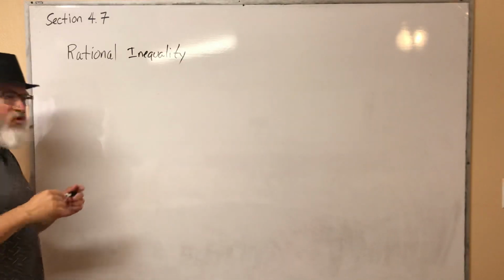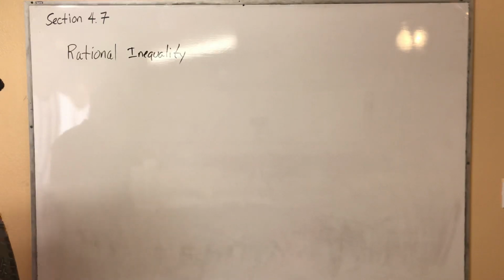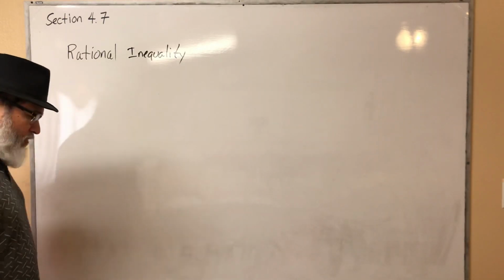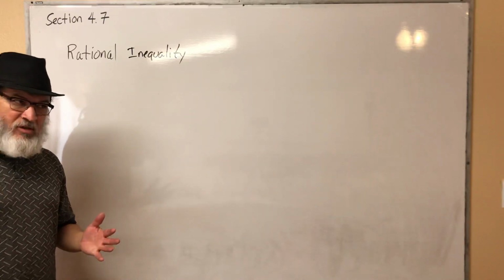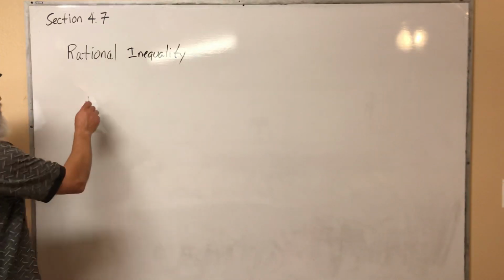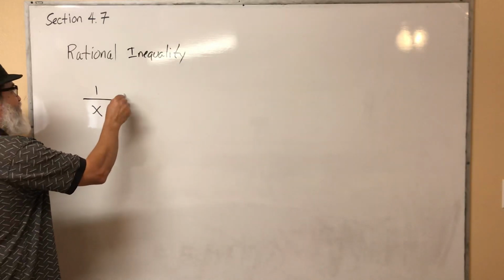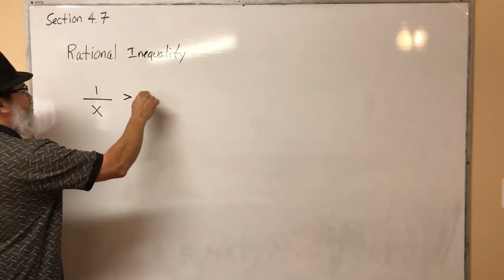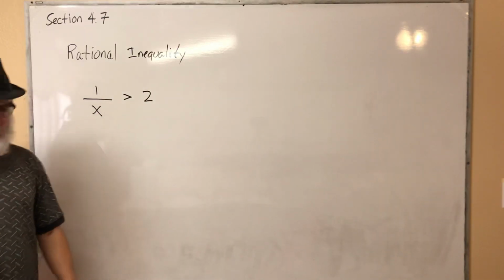We're still in section 4.7. All right, so what's a rational inequality? Well, we have to make a rational expression with an inequality. So what is that? 1 over x is greater than 2. This is a rational inequality.